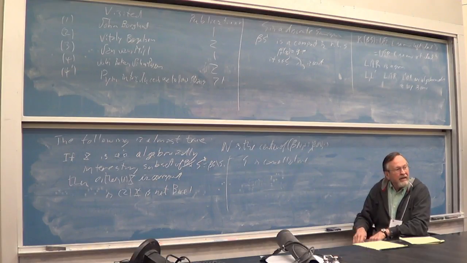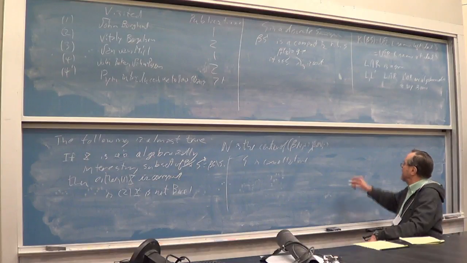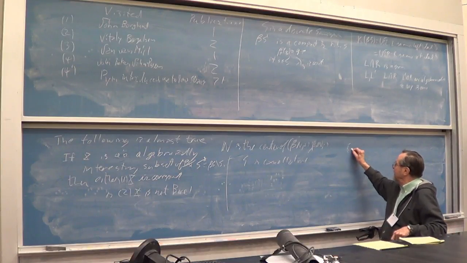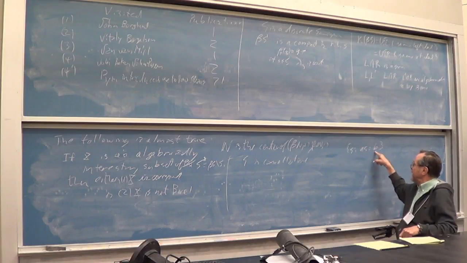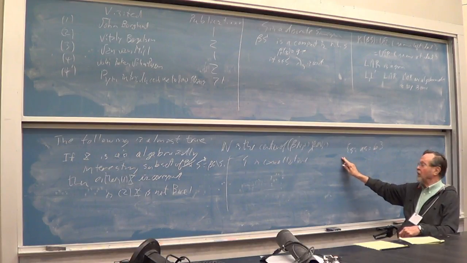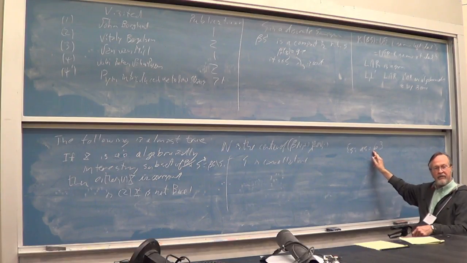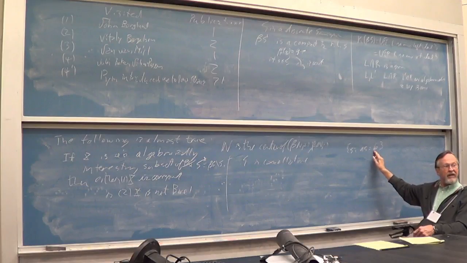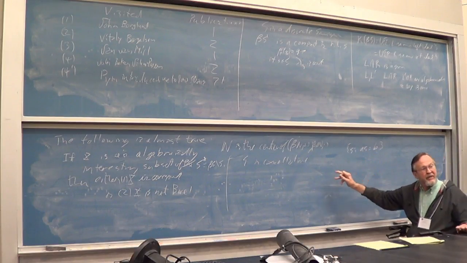It says right cancellative and weakly left cancellative. Weakly left cancellative says that if A and B are fixed and you take the set of all s such that As equals B, that's always finite. That's called a left solution set. Of course, if it's left cancellative, it's a singleton.